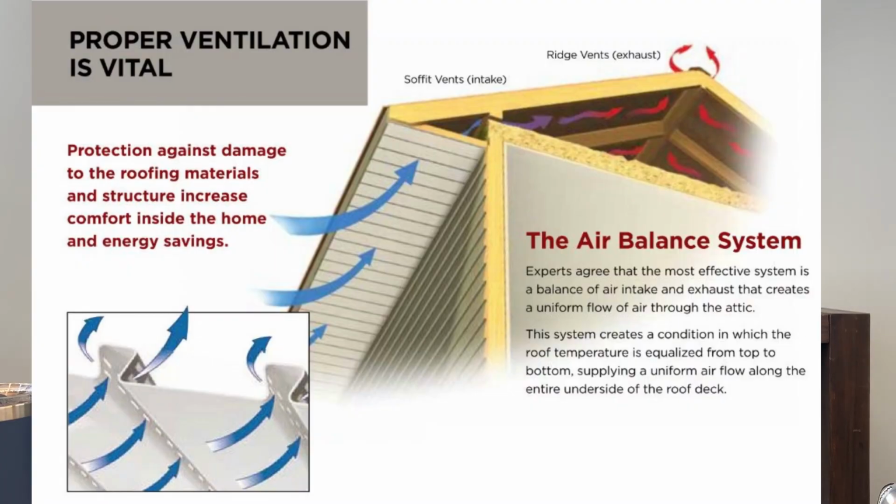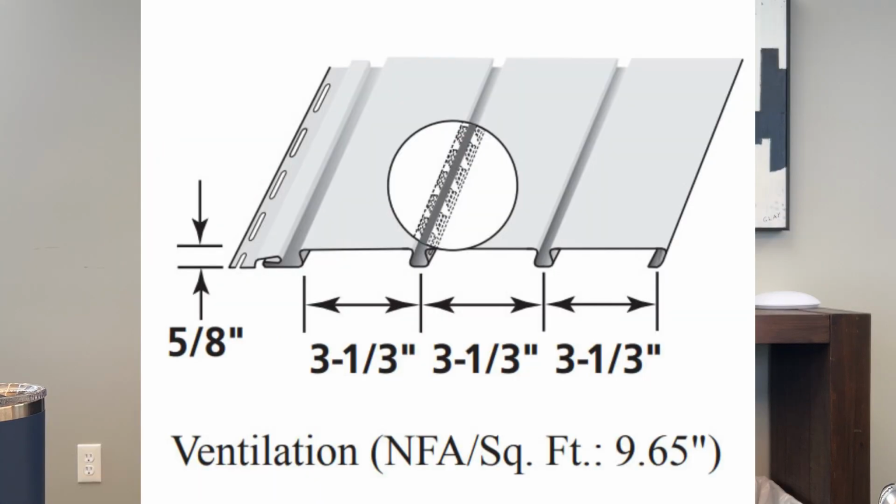What we like to install and what we install mostly is called 333. So it's a 3-inch profile. It looks like these little cedar pieces of wood that go across. It looks super clean, super nice. And in between each one of those 3-inch profiles is a hidden vent.